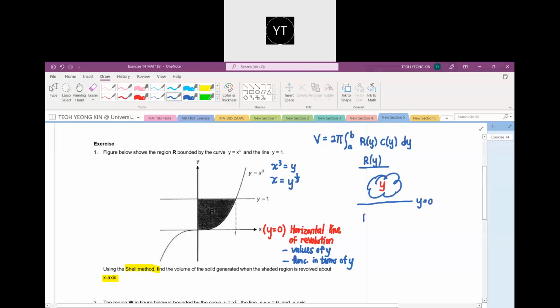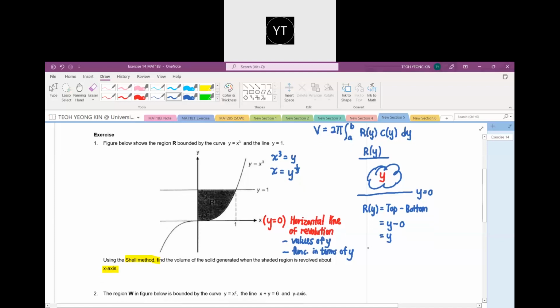So our R(y) is top minus bottom. Our top is y and our bottom is 0, so R(y) is y.